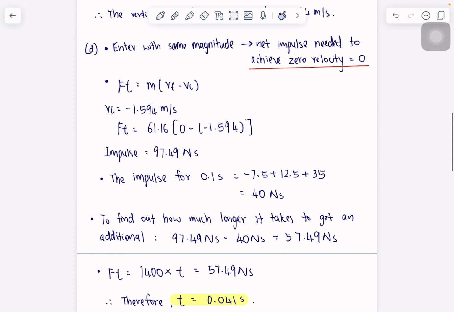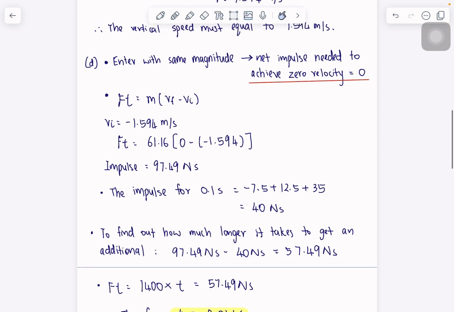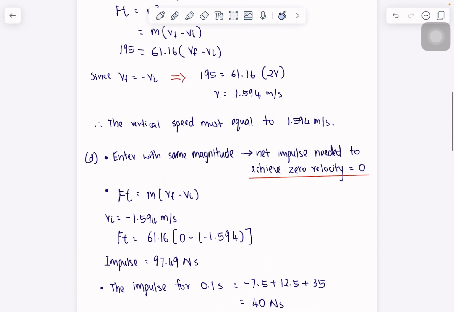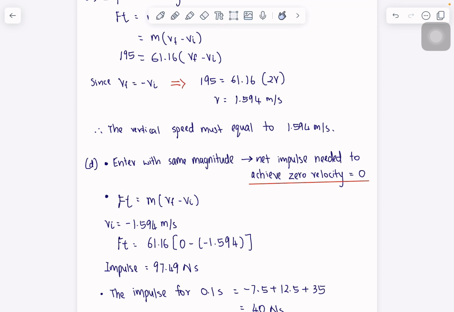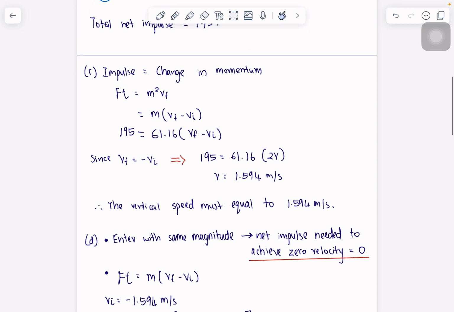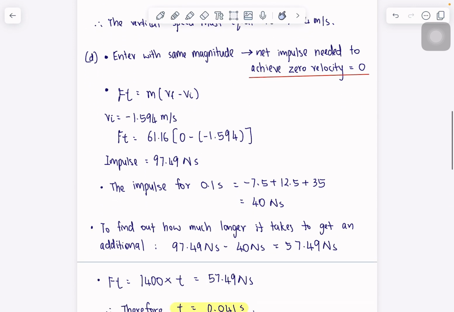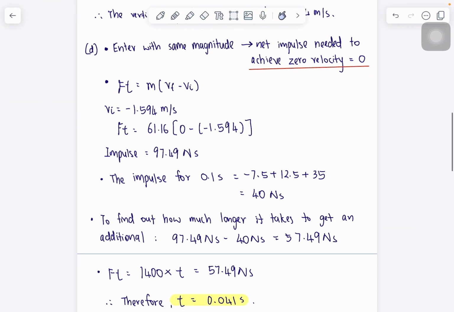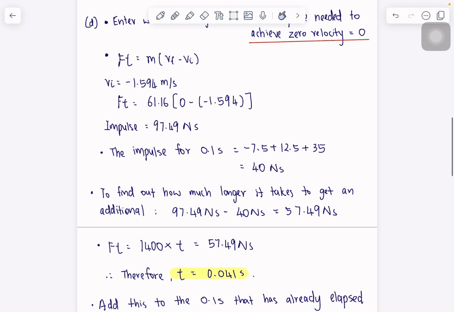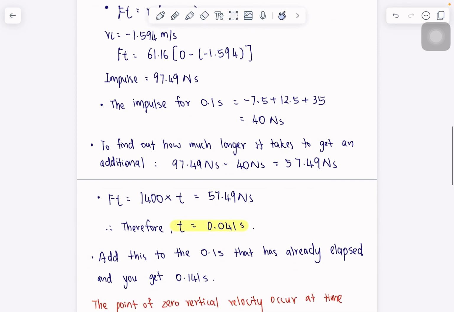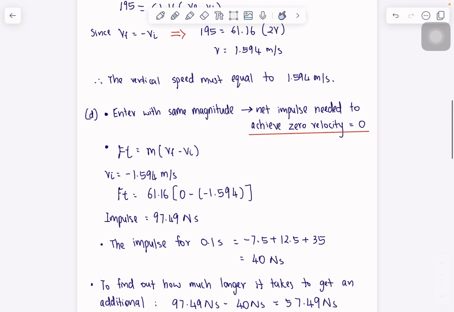We set Vf equal to 0, and Vi is the value that we calculated from question C, and we get our impulse equal to 97.49 Newton seconds.